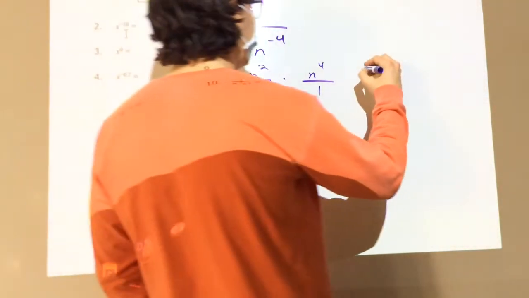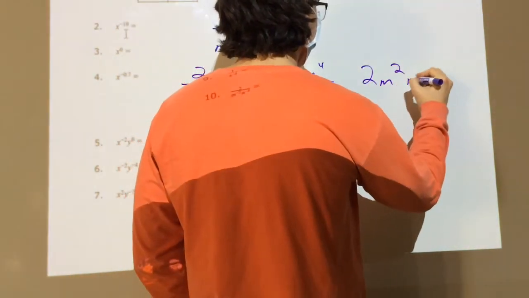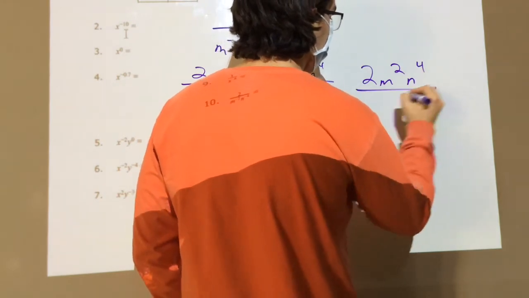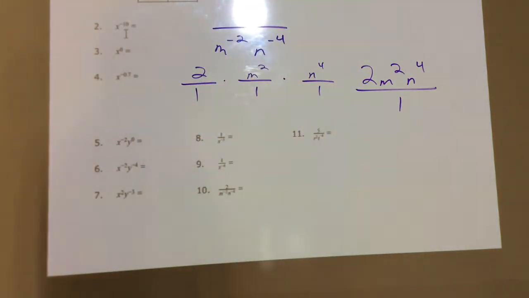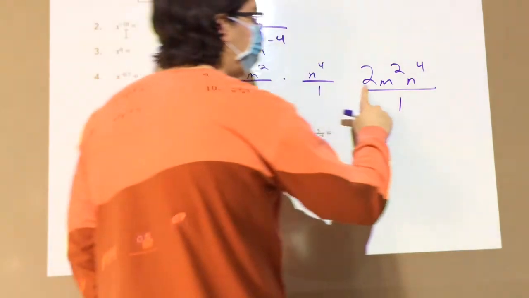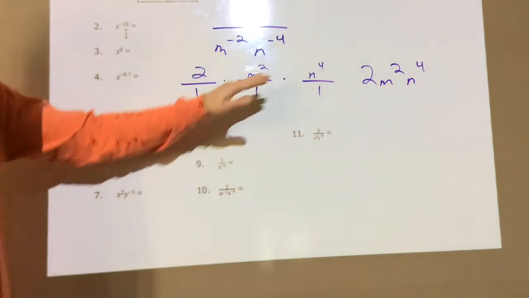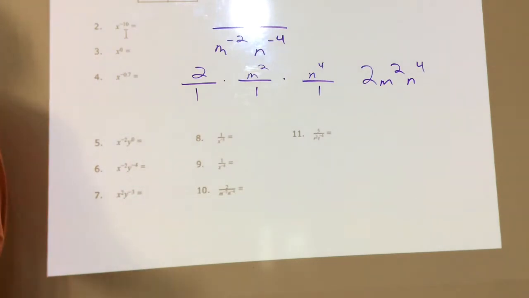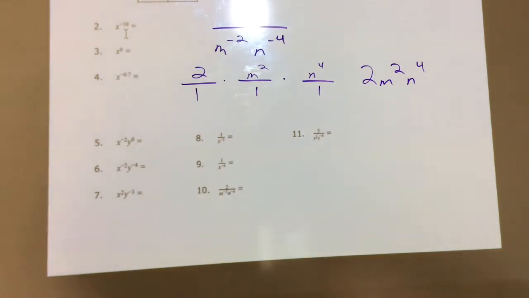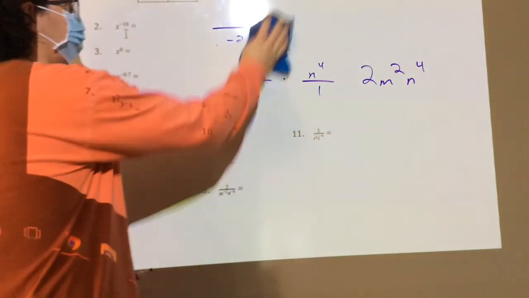So I'm going to end up with 2 m squared n to the 4th over 1, which I actually have to write the over 1? No. The reason I'm breaking these apart, though, y'all, is because I want you to be able to see and identify what everything looks like. If you just look at it all as one piece, it's hard to interpret the different variables and the different exponents. Okay, try number 11, and then we'll move on to our homework, and we'll keep doing some together.